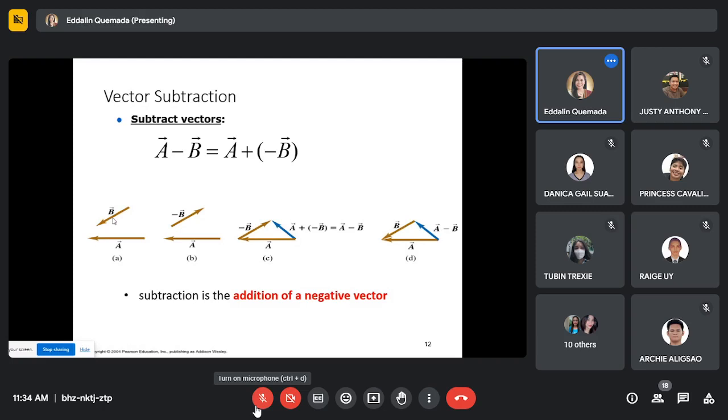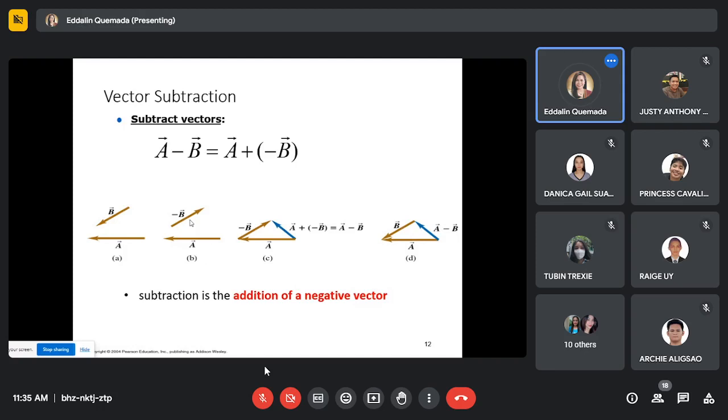Southwest. Okay. In B, the direction of vector A is to the left still, but this time take a look at the direction of the negative of vector B. What is the direction? Northeast. So, what can you say now about the direction of the negative of a vector?